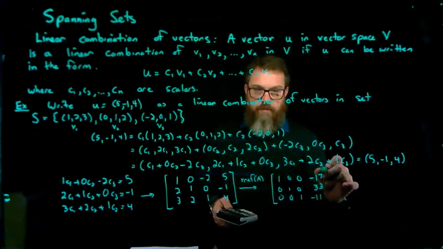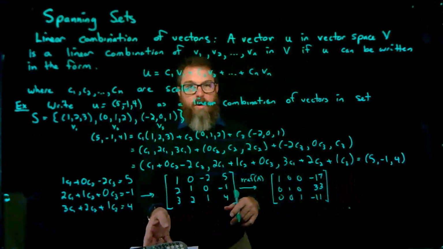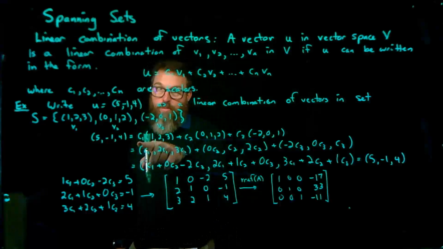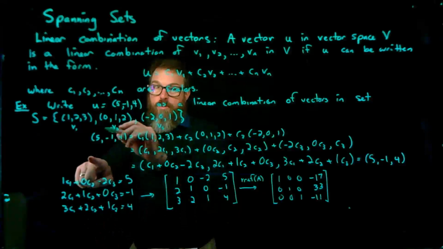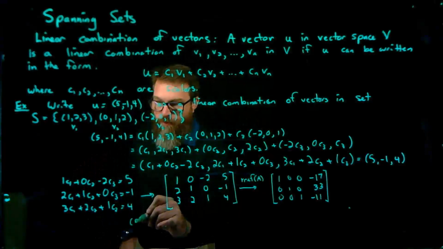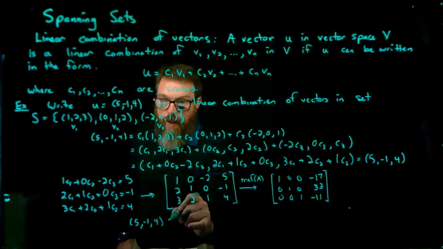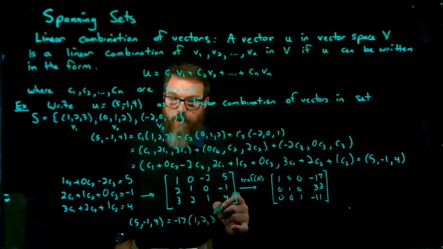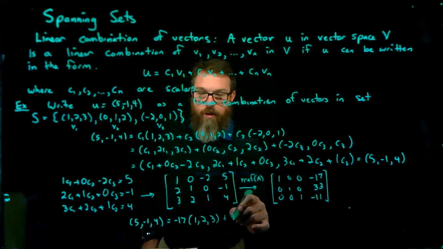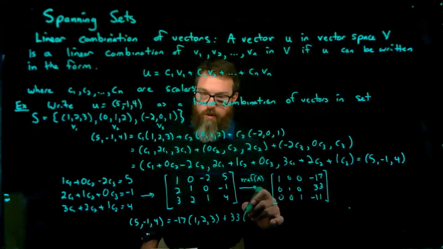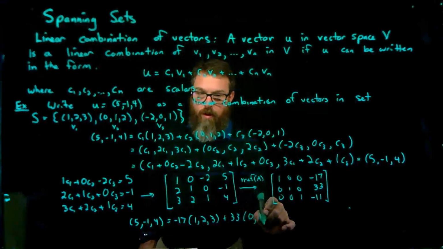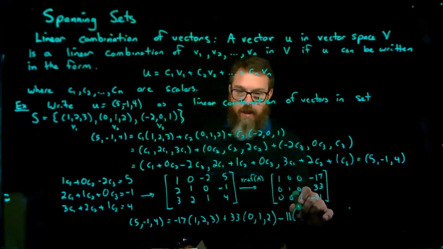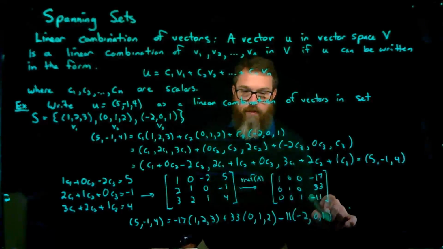So what I can do is rewrite this vector, with C1 being negative 17. So 5, negative 1, 4 is equal to negative 17 times the first vector, 1, 2, 3, plus 33 times the next vector, 0, 1, 2, and then minus 17, or plus a negative 17 times the last vector, which is minus 2, 0, 1.